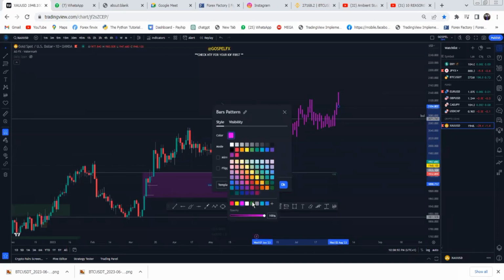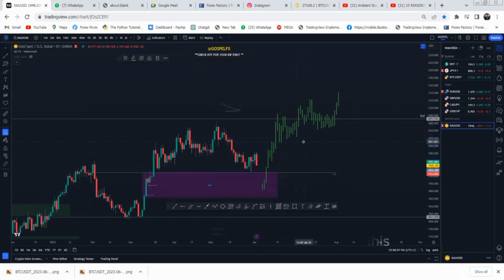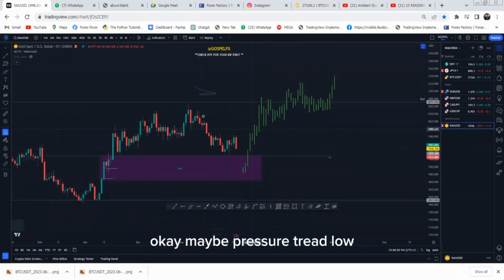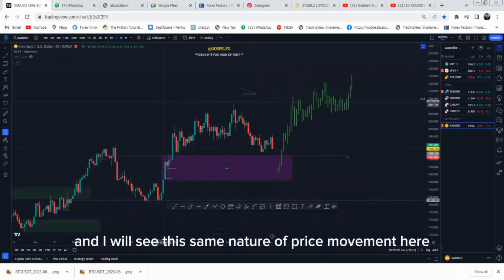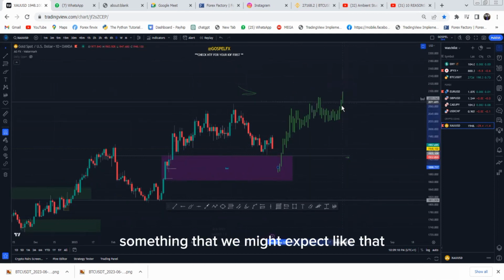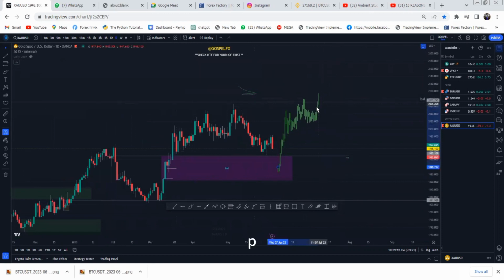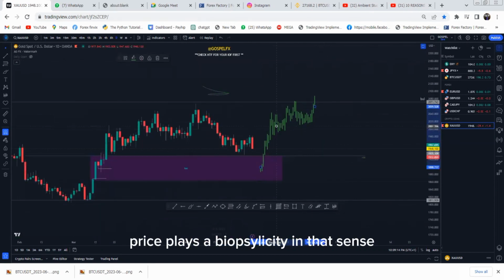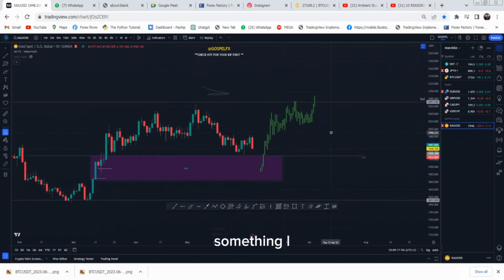Let's use a different color. You might want to see something like this. Maybe price should trade lower, and then we'll see this same nature of price movement forming here again, clearing the buy side liquidity. Something that we might expect like that. Then price clears the buy side liquidity in that sense.